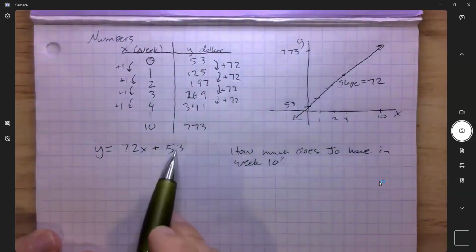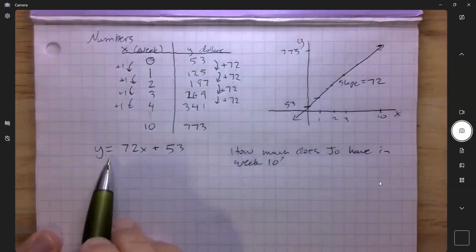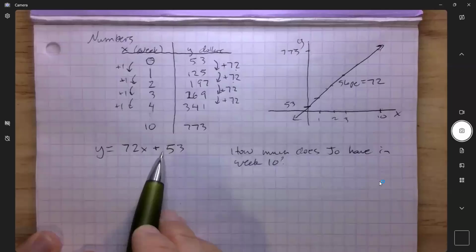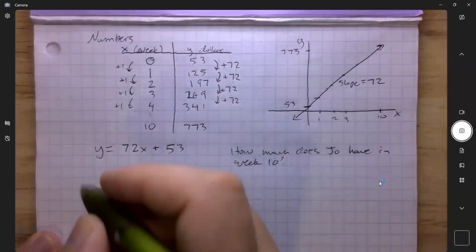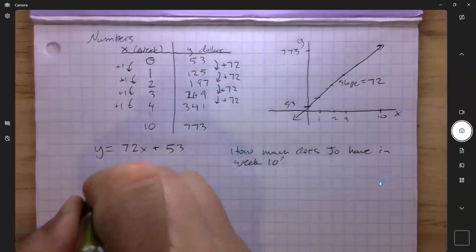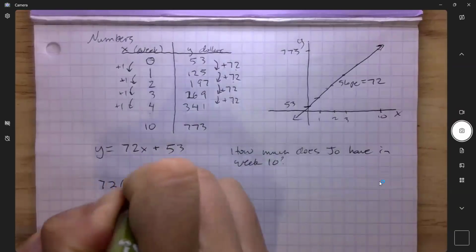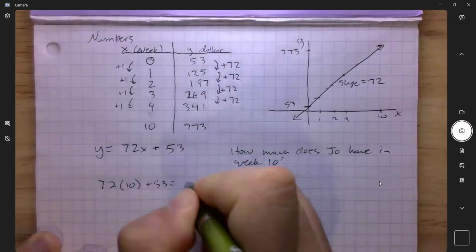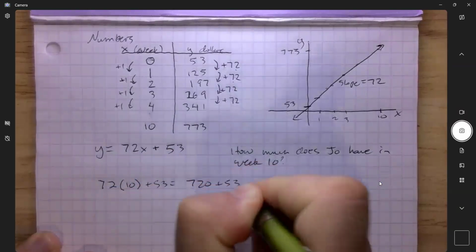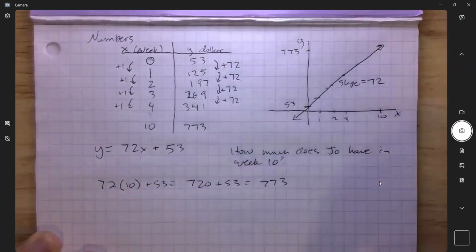And the way we will often do it, it's not the best way, it's not the most flexible way, but it's the fastest way, is we build the symbolic formula. So we have that. And so now we put 72 times 10 plus 53, which is 720 plus 53, which is 773.